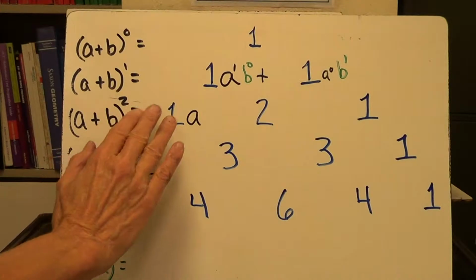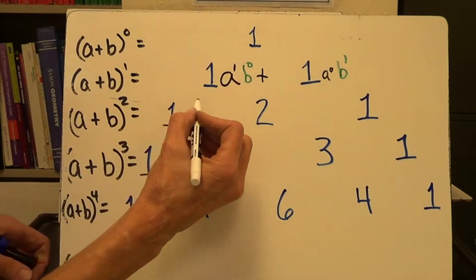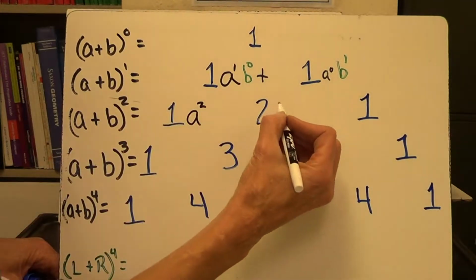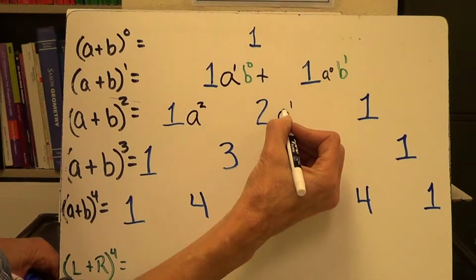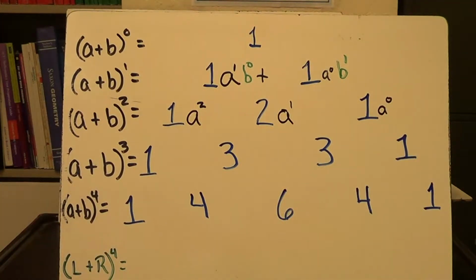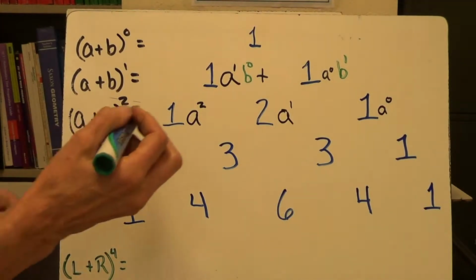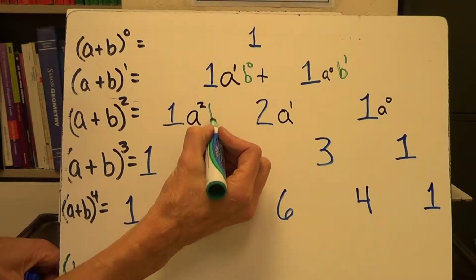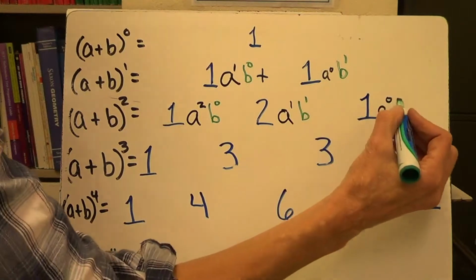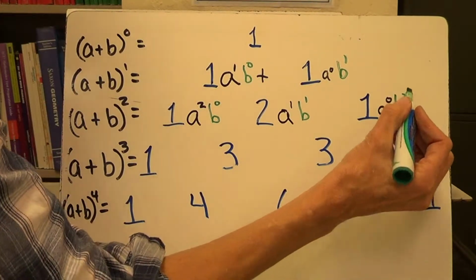So now this is going to be a to the second power. You always bring your front one and just start it at the highest amount, and then count down: a to the first power and a to the 0th. Now, on the b, it would start at the 0 and count up. B to the 0, b to the 1, and b to the 2.